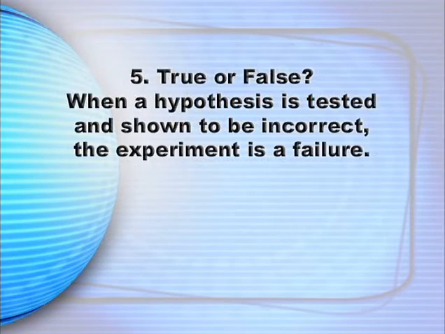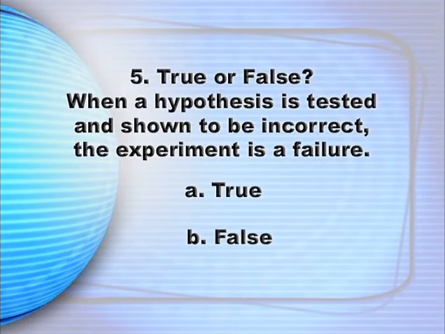Number 5. True or false? When a hypothesis is tested and shown to be incorrect, the experiment is a failure. A. True. B. False.